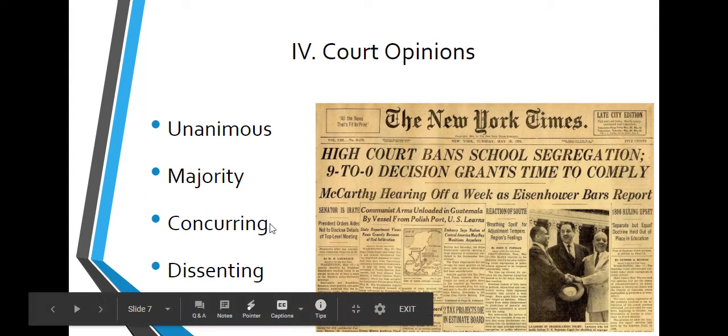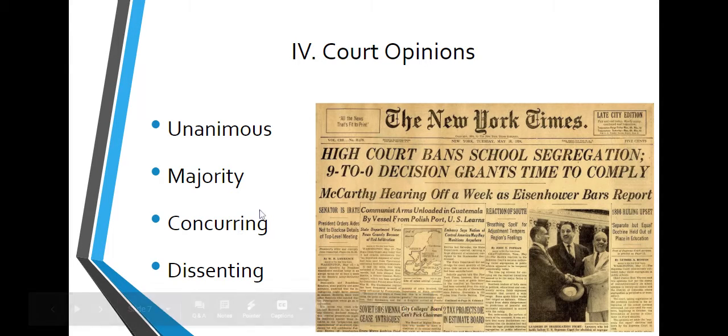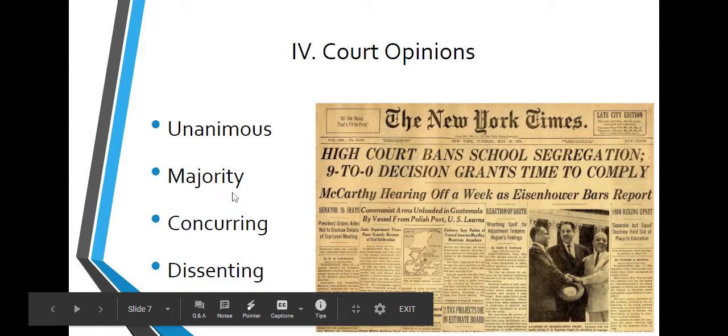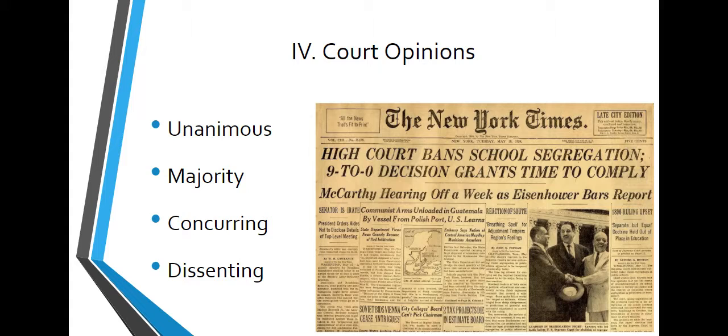The confusing one, the one that trips up some students, is what's called a concurring opinion. A concurring opinion is something that one of the justices writes if they agree in part with the majority. So they are part of the majority. They are signed on with those at least 4 other justices to make a majority of at least 5.